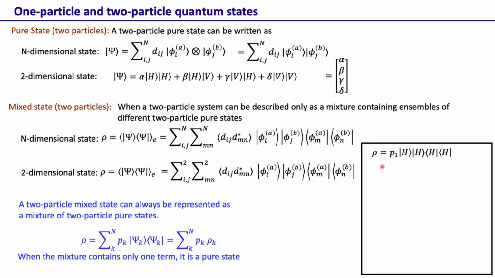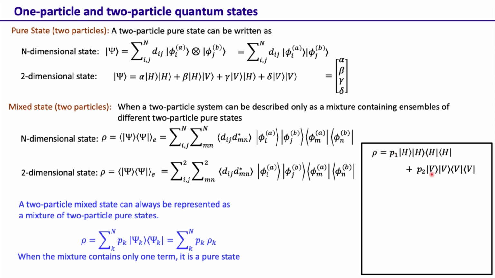So for an example of a two particle mixed state, suppose we have this two particle state HH, and this HH is the density matrix representation of a two particle pure state in which both the particles are horizontally polarized. VV is the density matrix representation of a two particle pure state in which both the particles are vertically polarized. Each of these is a pure state.